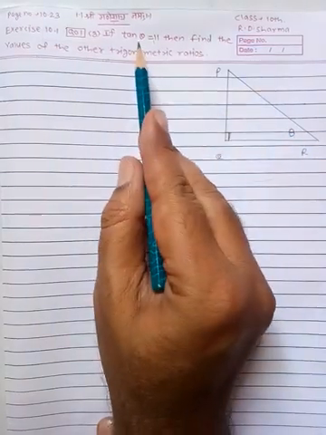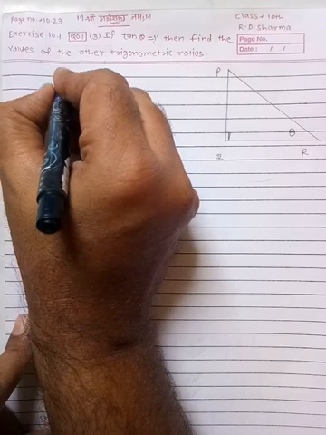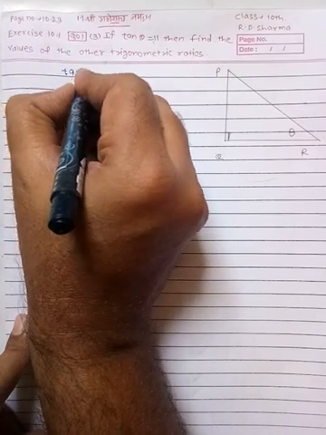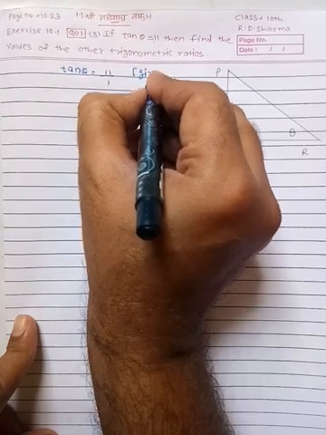Here what we know, tan theta equals 11. Eleven means 11 by 1. Why? Because this one is given.